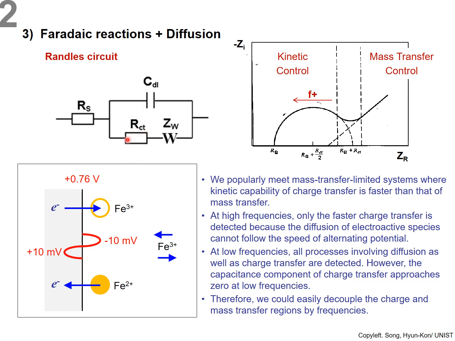I'd like to read this circuit again. Electroactive species in the bulk electrolyte are moving toward the electrode, so experiencing some solution resistance. Then on the surface of the electrode, we have two pathways.